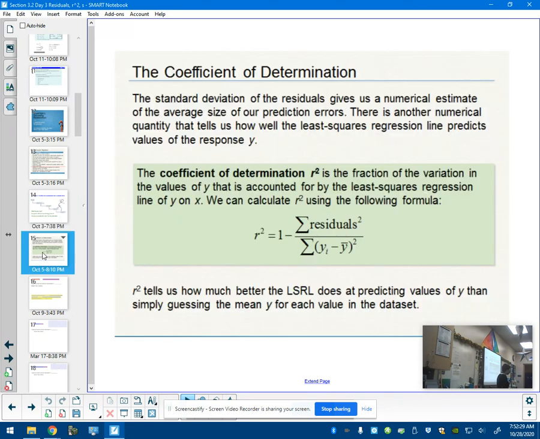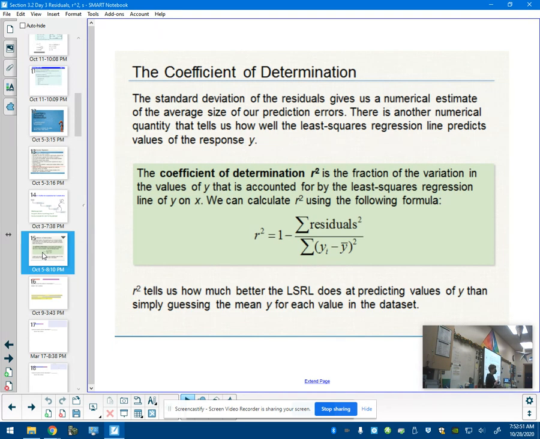All right, so the first thing is called the coefficient of determination. That's R squared. And R squared is more important than R because R squared kind of tells us, because we have X's helping us out with the Y's, how much are we, quote unquote, saving?